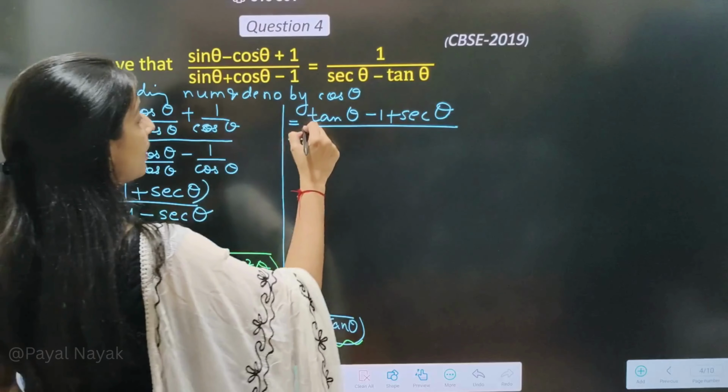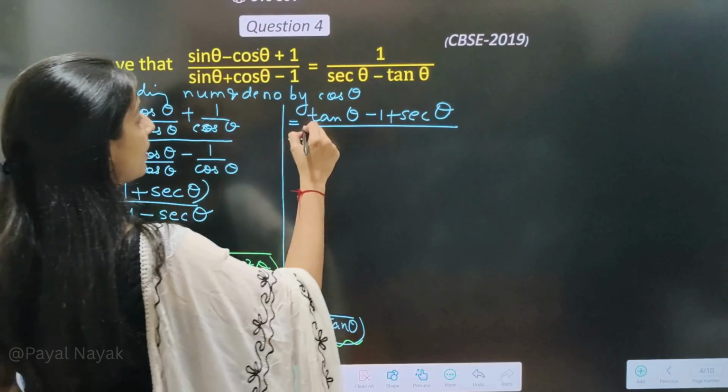So this step is an important step. Okay. Remaining, I will be writing it as it is. So that is sec theta plus tan theta and sec theta minus tan theta. Now observe this. These two brackets are the same. Yes. Can I take it as common?